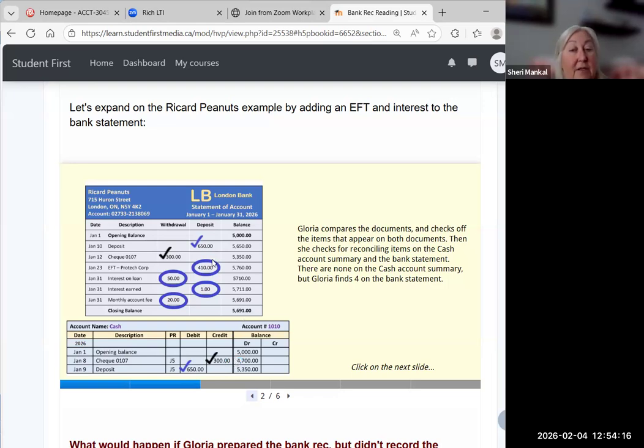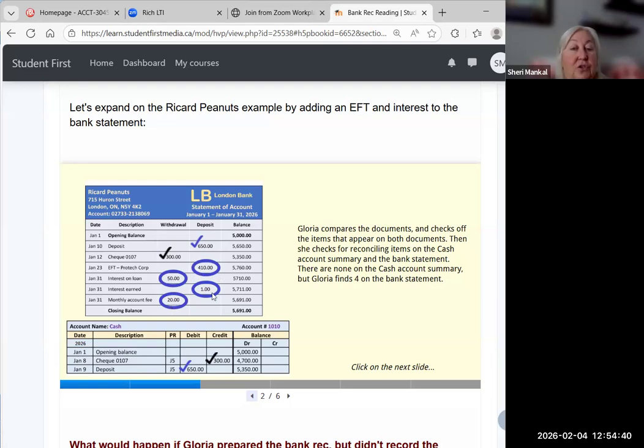The next item on the bank statement is a deposit for 410. I do not have that in my ledger, so I'm going to circle that so I know that I have to do an adjusting entry for that. Same with the interest charges and interest earned, and our service fees for having a bank account.